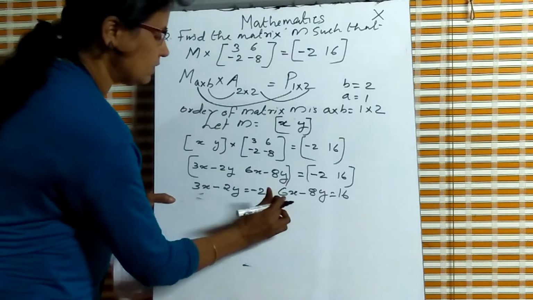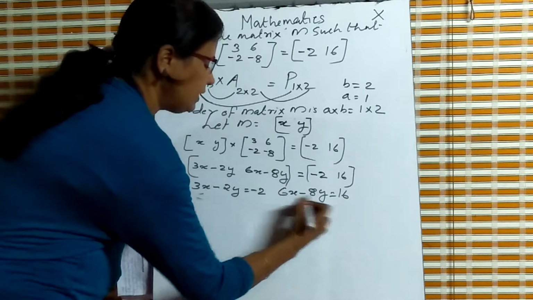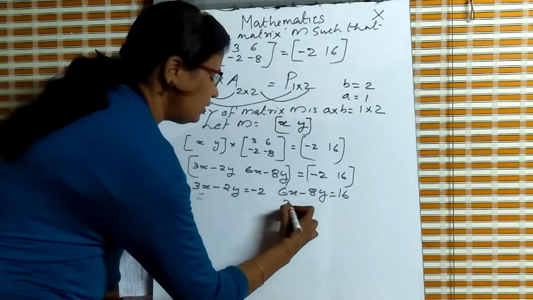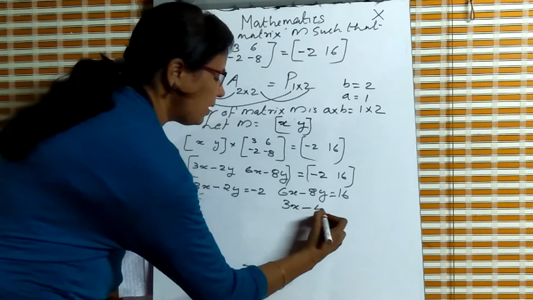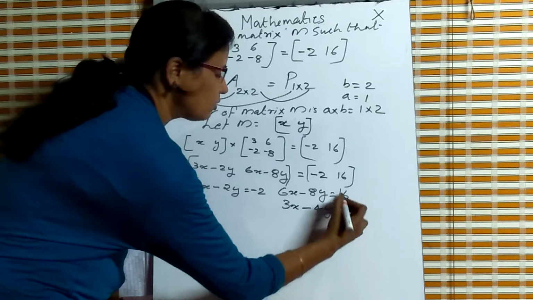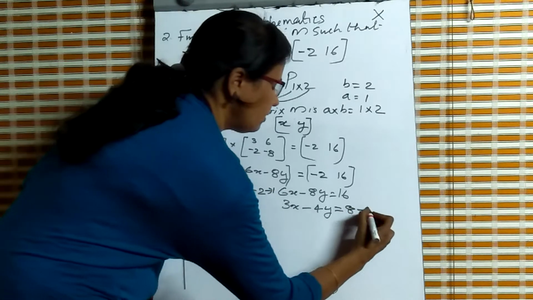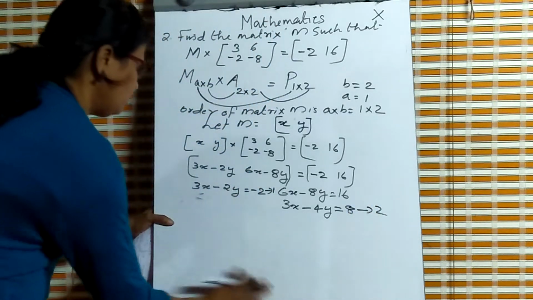Before solving, in 6, 8, 16 we divide throughout by 2. This equation reduces to 3x minus 4y is equal to 16 by 2, which is 8. Let this one be equation 1 and this be equation 2.